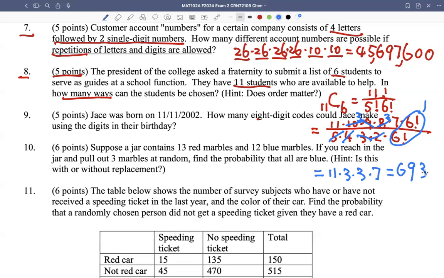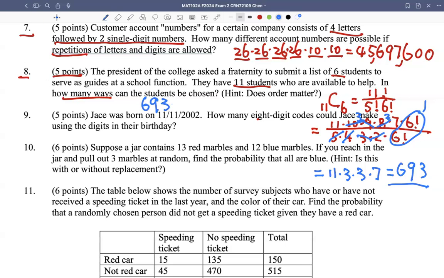All right, I double check. So I put in my calculator twice, double check my answer. So second time, I still get 693. So that's for 8. So how many ways to choose 6 students out of 11 students? There's 693 ways to choose that.